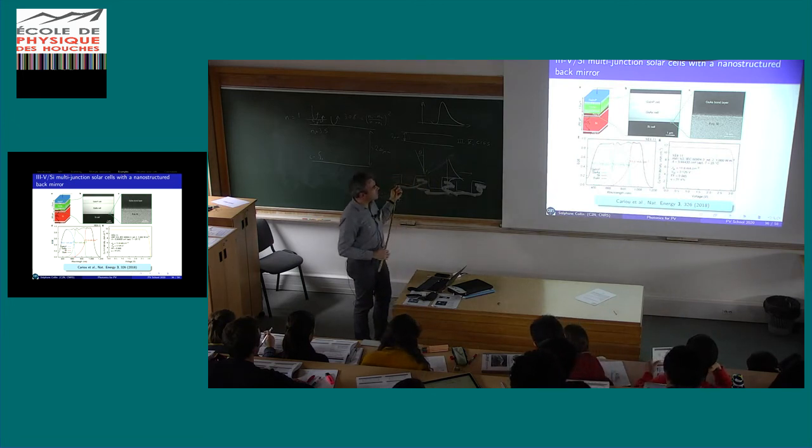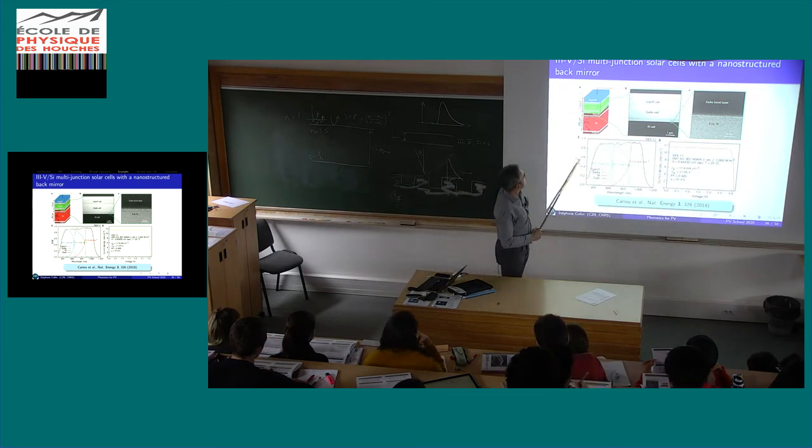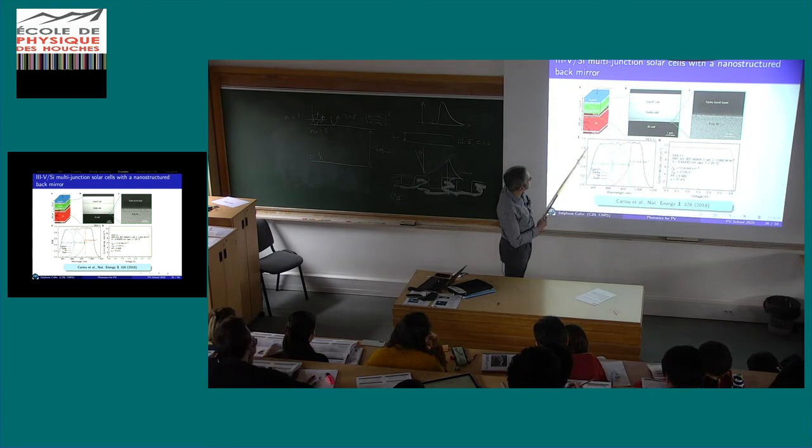so now let's discuss just a bit of multi-junction solar cells. I like this example because it shows you an example of a typical high efficiency multi-junction solar cell made of 2 3-5 junctions bonded on a silicon cell.